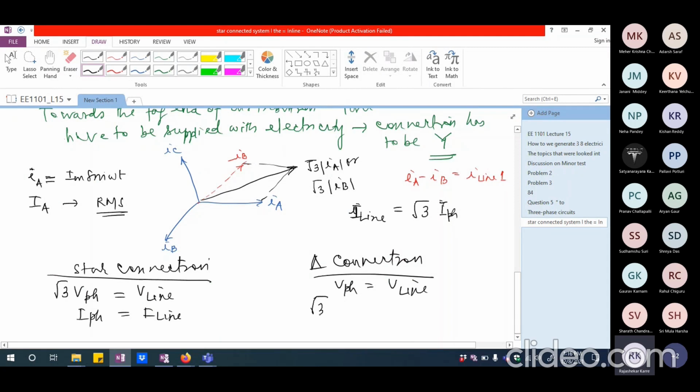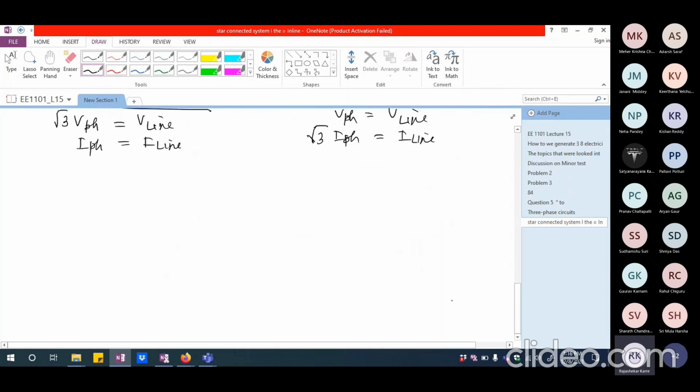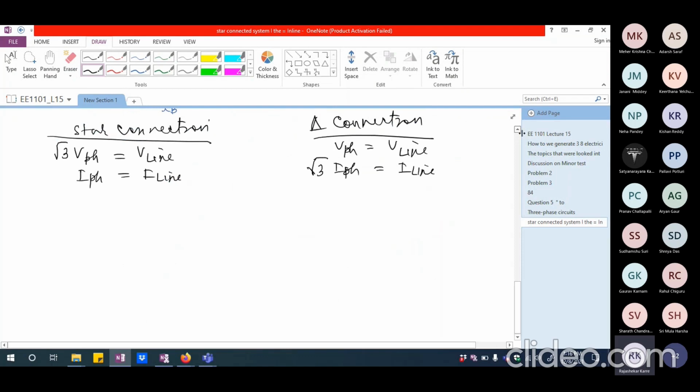Whereas root 3 times I phase equal to I line. Okay, so this is the way you are going to have the voltages and currents related in star connection and delta connection when they are supplied by three-phase balanced voltages.